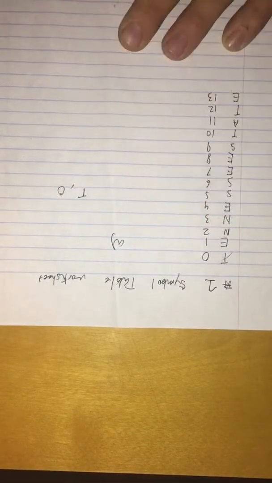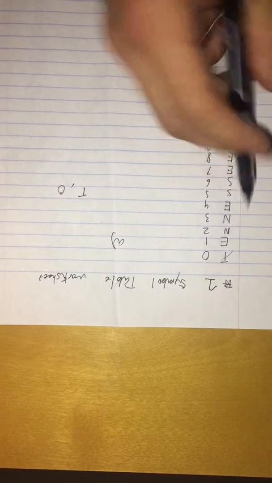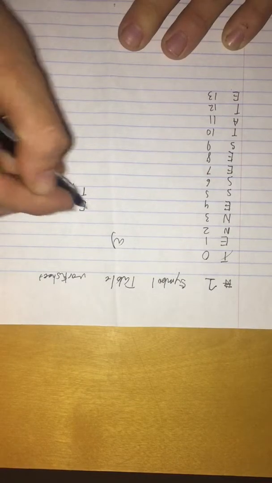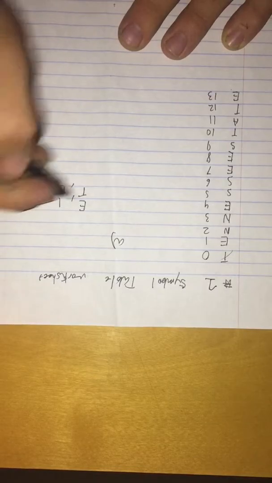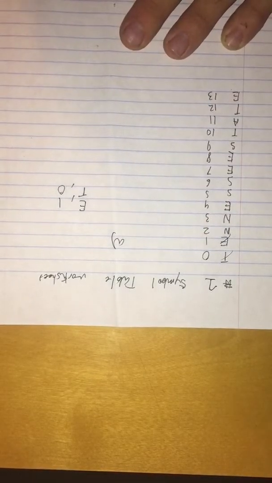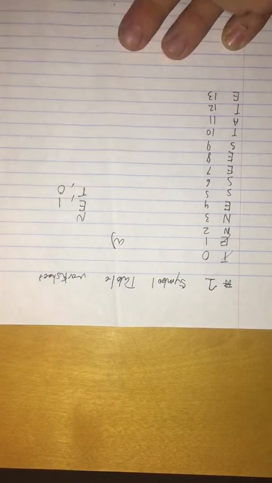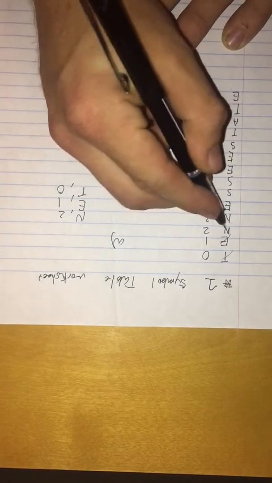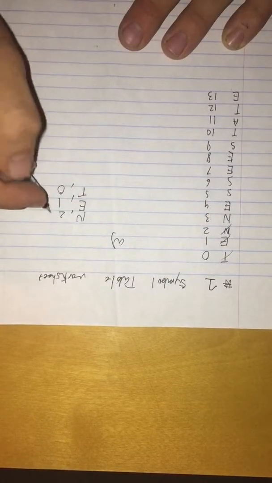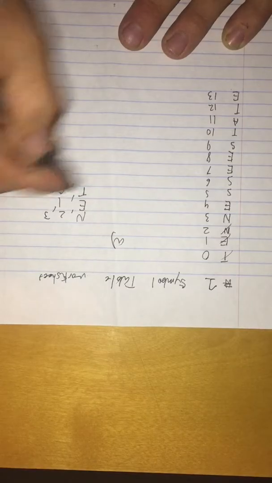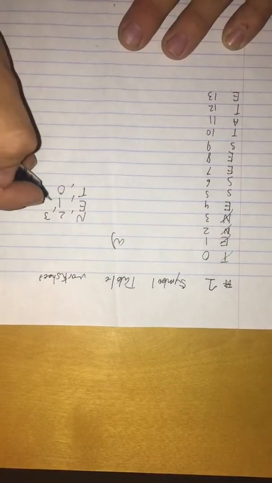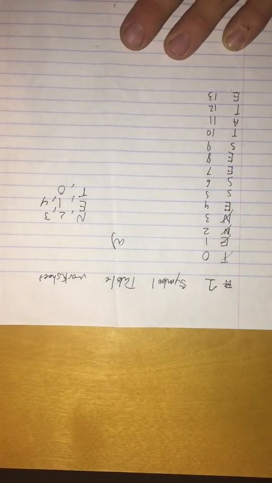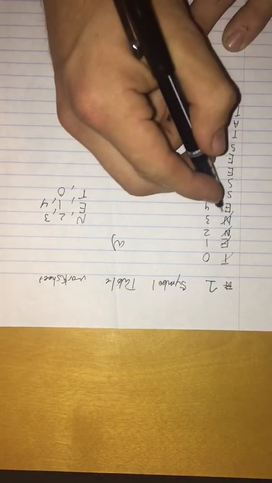Now we have this one done. We have a new value E, so that's going to have to go above, and that's at index 1. Then we have value N, that's at index 2. We have N again at index 3. E, 4. So this is just busy work, right?